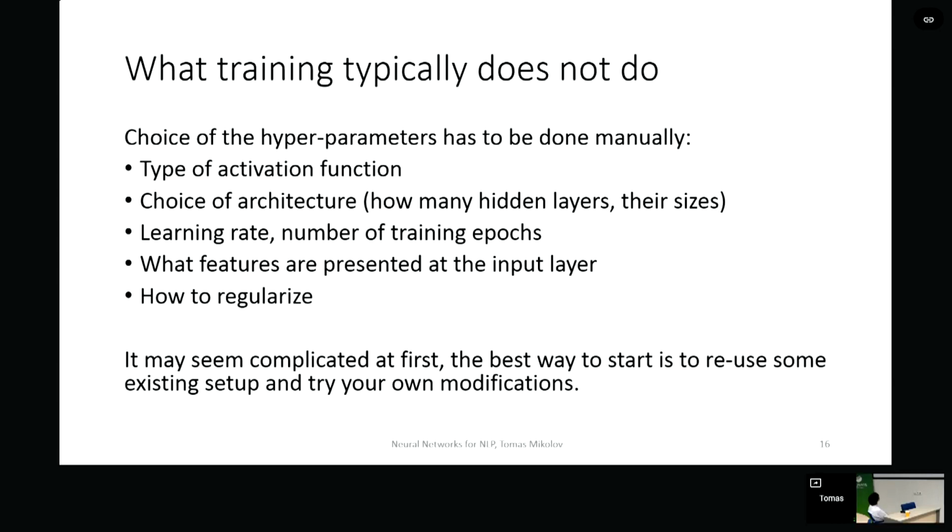Also the starting learning rate, and how quickly the learning rate decreases. The learning rate means how quickly we will be changing the weights. If the learning rate is small, then we always update the weights only slightly. So if you have a very small learning rate, then the network will forget slowly the information that it learned, but it will also be inflexible, and it will learn new information very slowly.